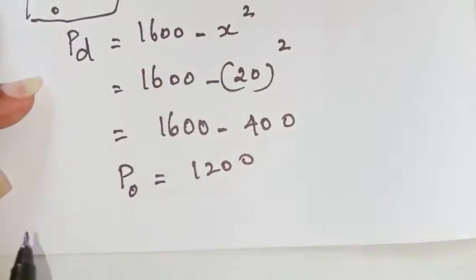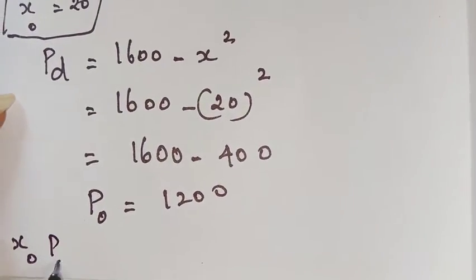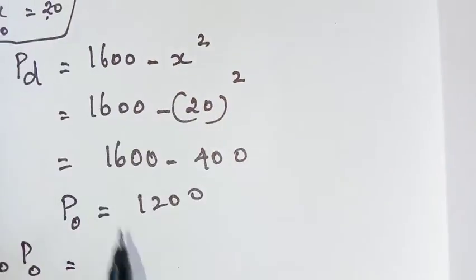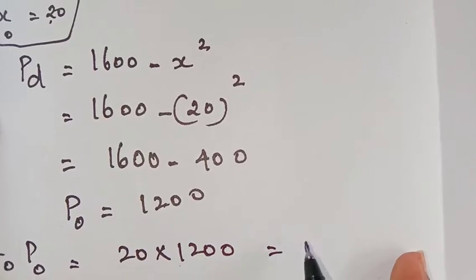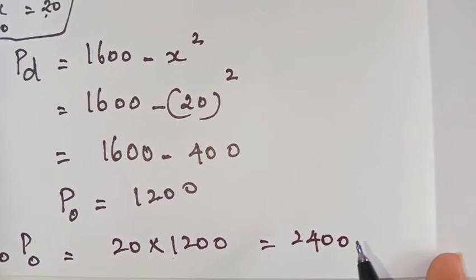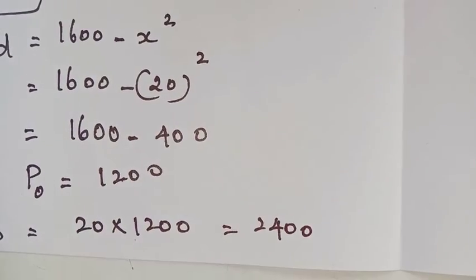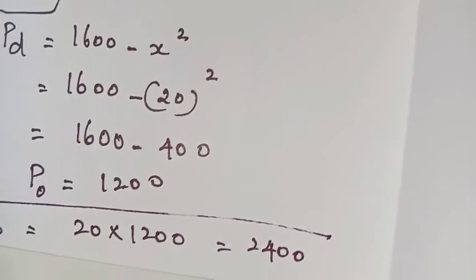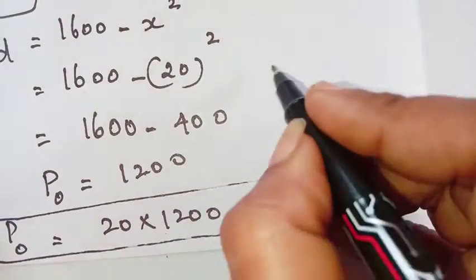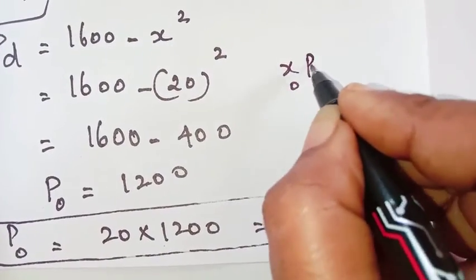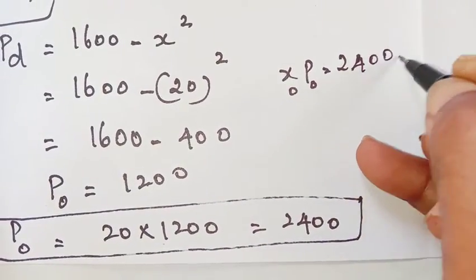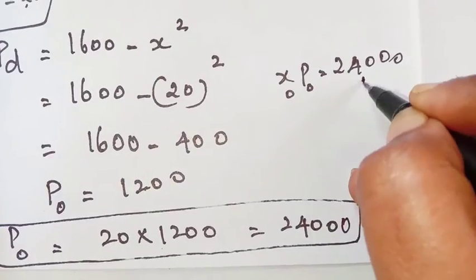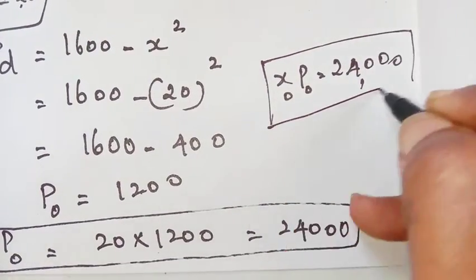So x0 into P0 is 20 into 1200, which gives 24,000. We write x0 P0 separately as 24,000.